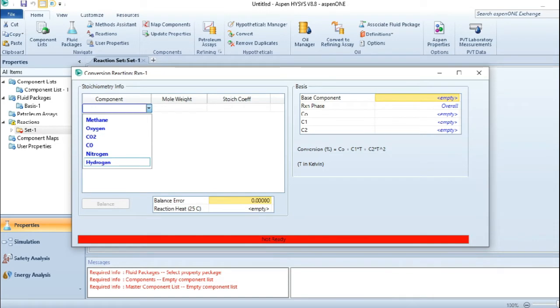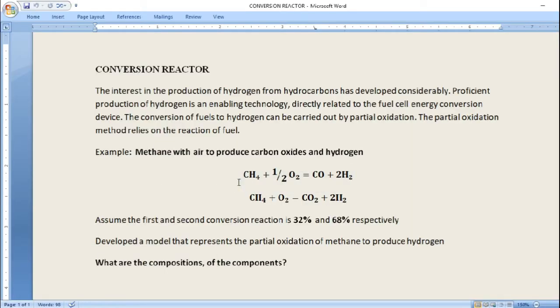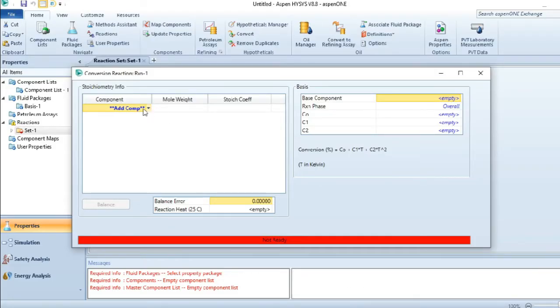Don't forget from the question, this is our first reaction: methane reacts with oxygen to give the products CO plus 2 molecules of hydrogen. At the reactant side, I have methane reacting with oxygen to produce carbon monoxide with hydrogen gas.